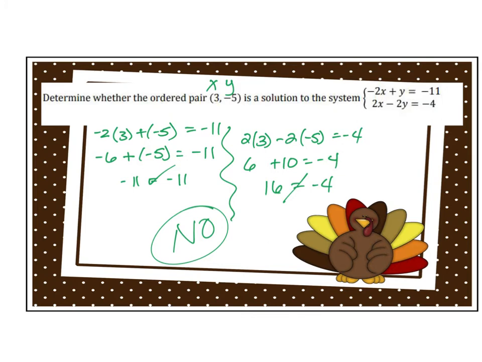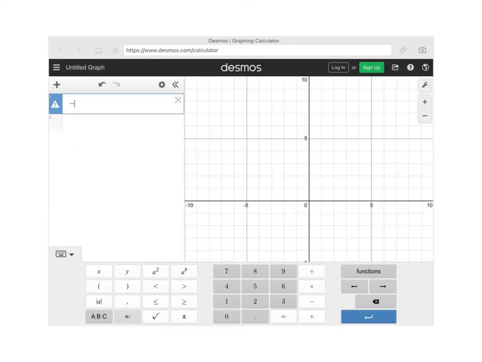The good thing is you can actually graph the equations, which hopefully you caught on to yesterday. So -2x plus y equals -11.